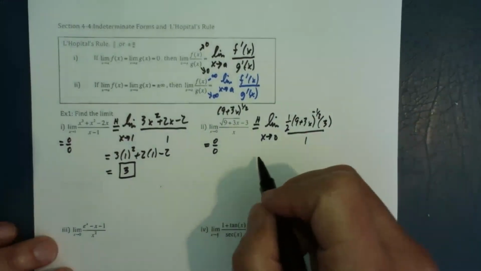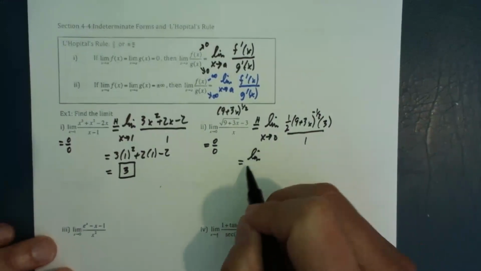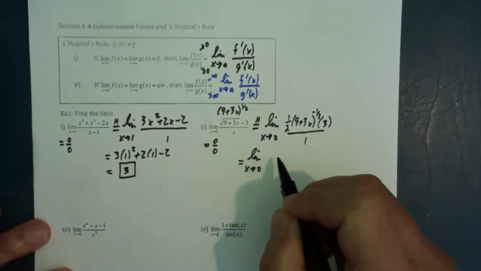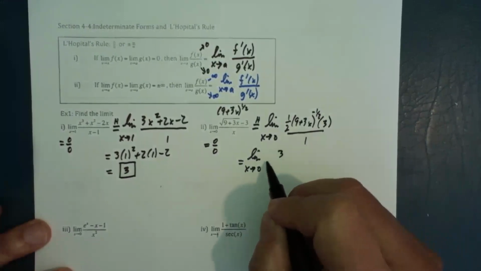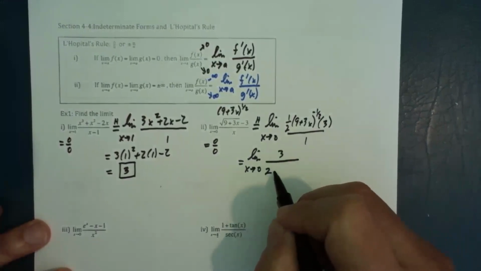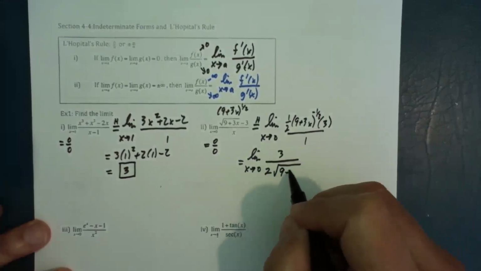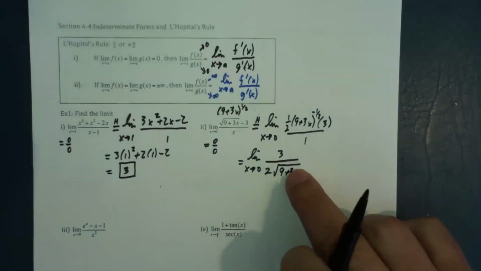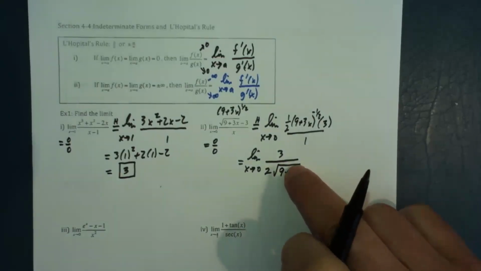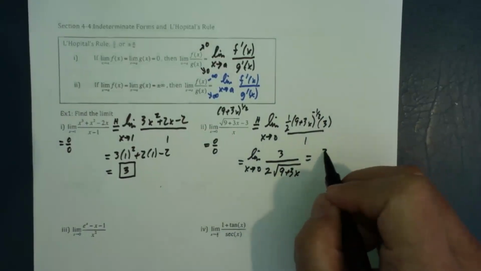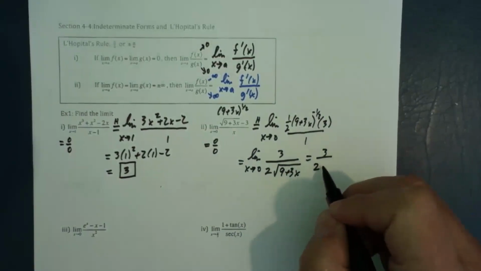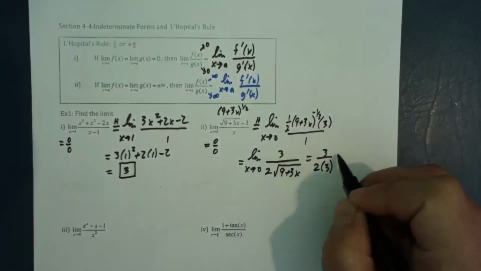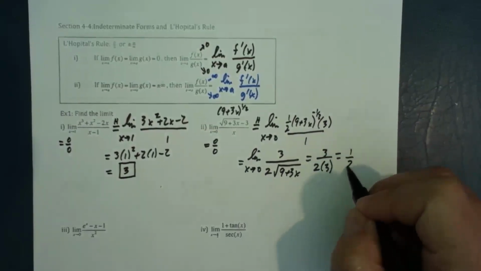And let's rewrite this a little bit. All right, so I am going to plug in 0 here. I get root 9, and root 9 is 3. It looks like this reduces to 1/2.